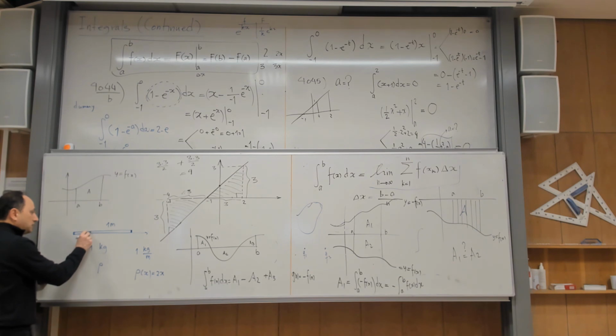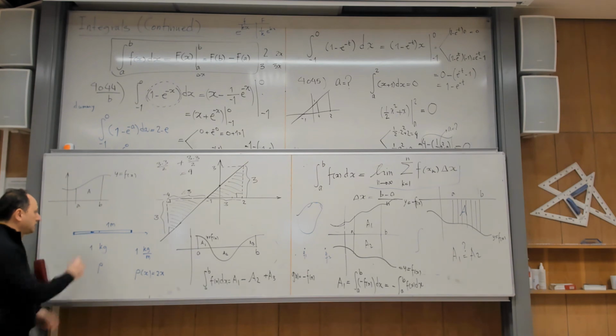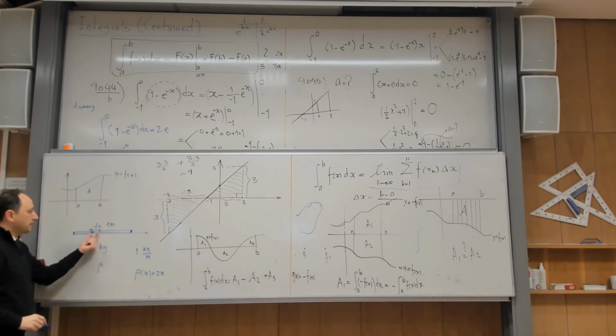We say that let me chop this cable into very small pieces. So small that I can assume that the density over that small region is constant. And then let me call this one dx. If I ask you, can you tell me the value of the mass for only this very, very small part?